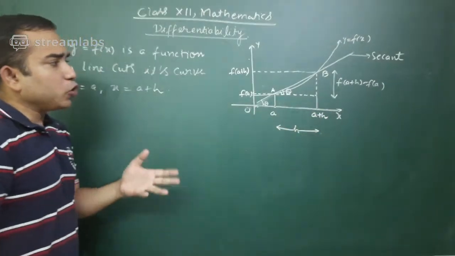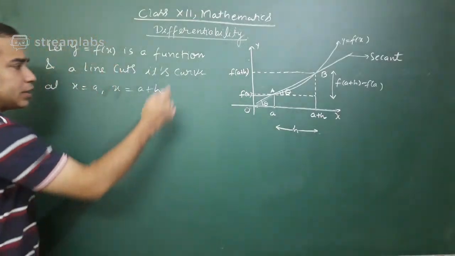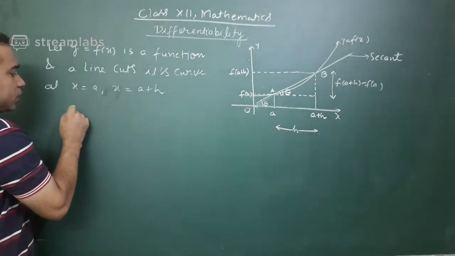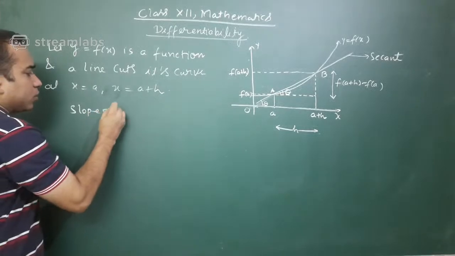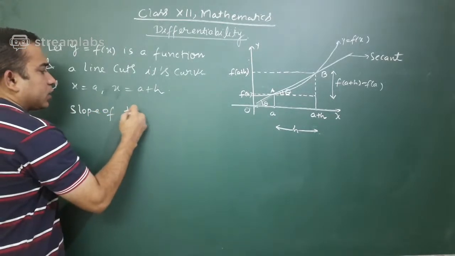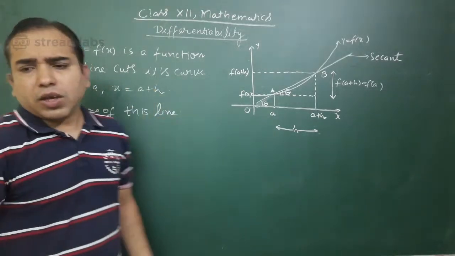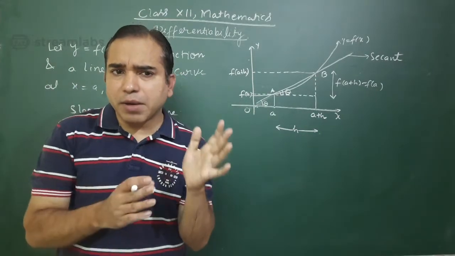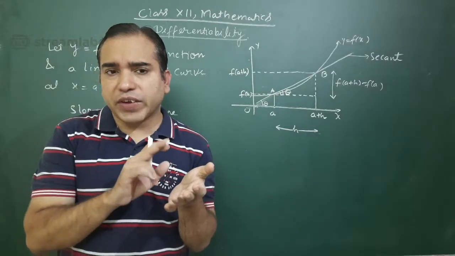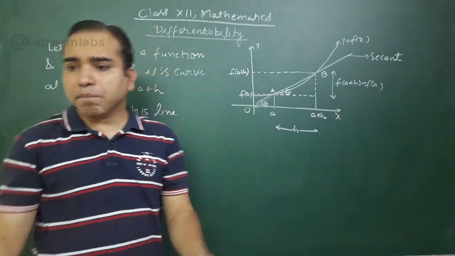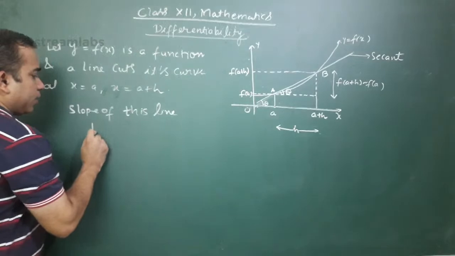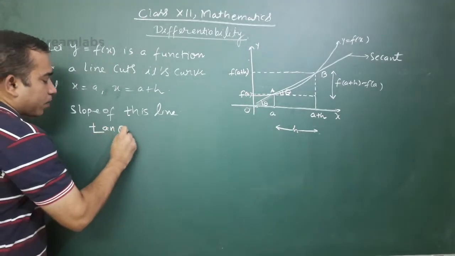Now, if you want to find out the slope of this line, this intersecting line. You know, if a line makes theta angle with the positive x-axis, slope is given by tan theta.